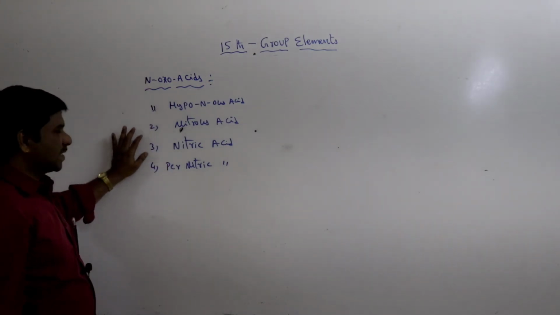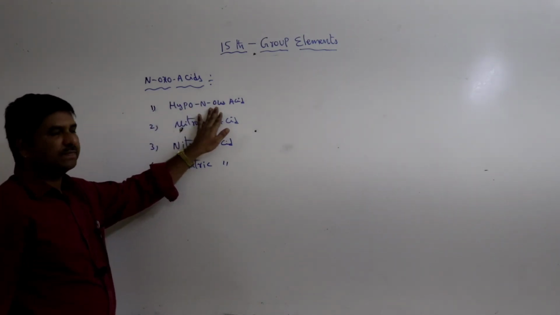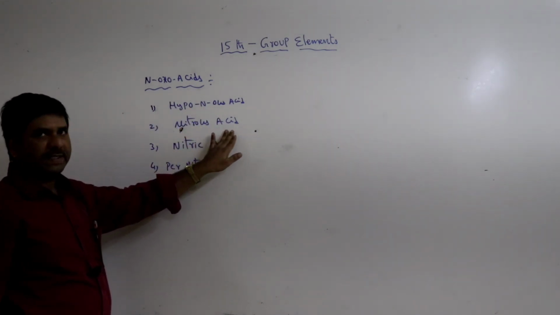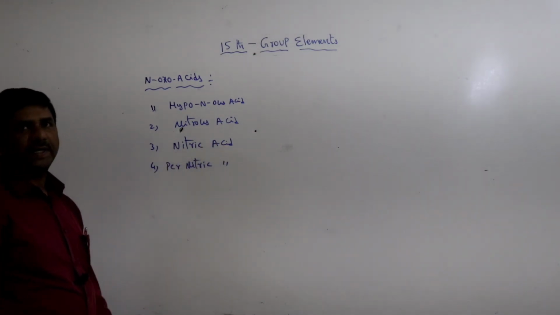Nitrogen oxo acids are four. They are hyponitrous acid, nitrous acid, nitric acid, pernitric acid.